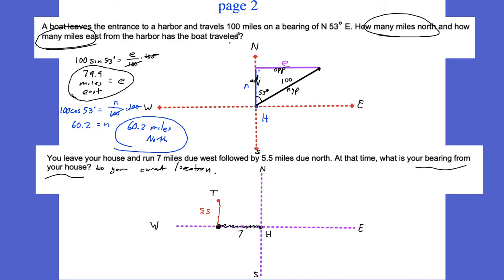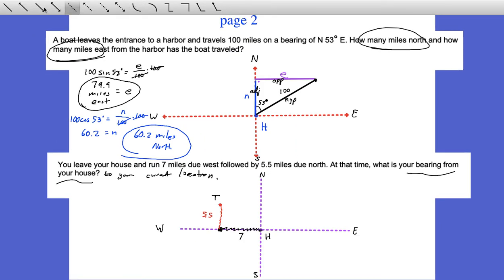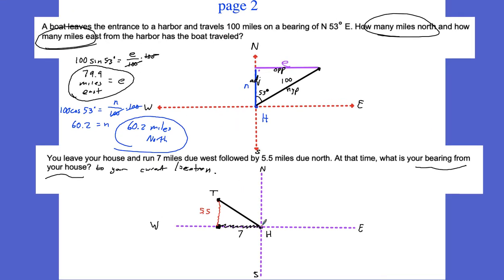Okay, so when we're finding a bearing, again, we have to draw the cardinal direction cross from that starting point. So we drew this already, which was convenient. So now we just need to find this angle theta, because we got to know an angle to be able to determine the bearing.